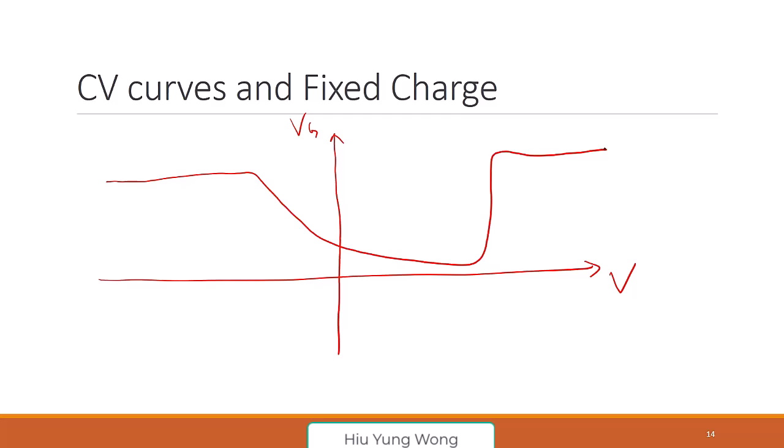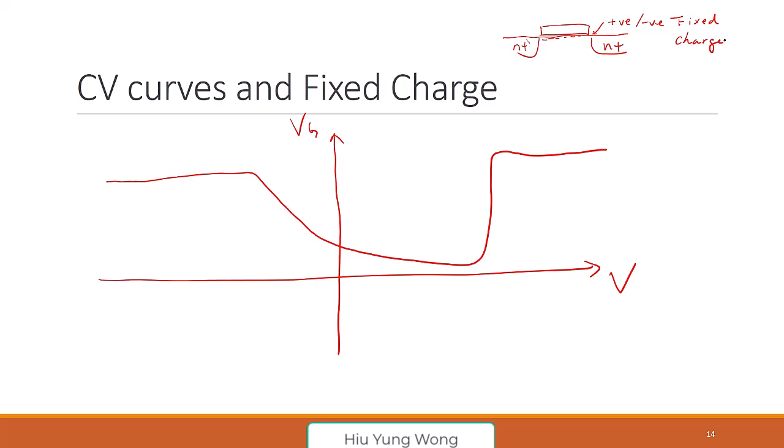Now, what if I have a positive fixed charge, meaning some charge here at the gate side? My question is, this is the regular CV curve. Now, what if I have some negative or positive fixed charge here? Do you know what will happen to this curve?